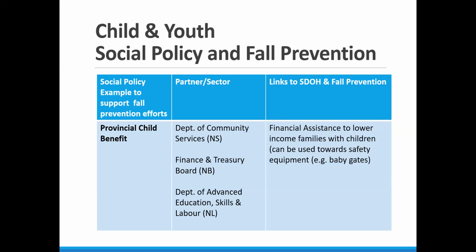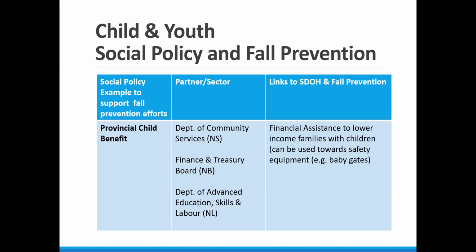This benefit is a tax-free amount paid monthly to help low and modest income families with the cost of raising children under the age of 18. These amounts are combined with the Canadian child benefit into a single monthly payment. For example, you get about $52 per month for the first child, about $68 per month for the second child, and $75 per month for each additional child.